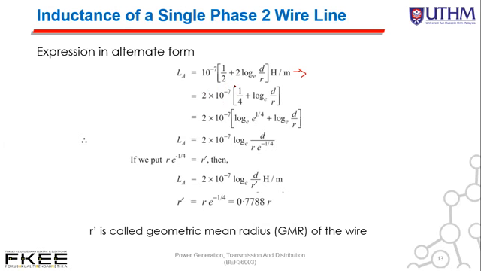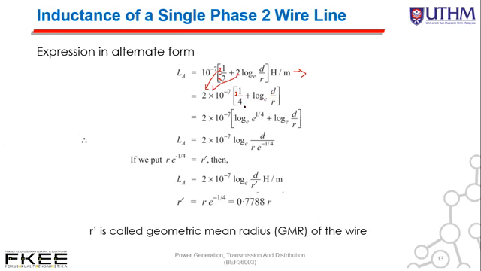If we multiply this equation by 2 over 2 and take out the 2, we get 2 times 10 to the power of minus 7 times (1 over 4 plus ln D over R).